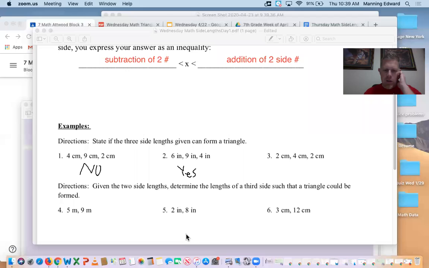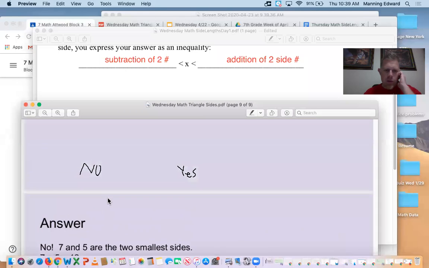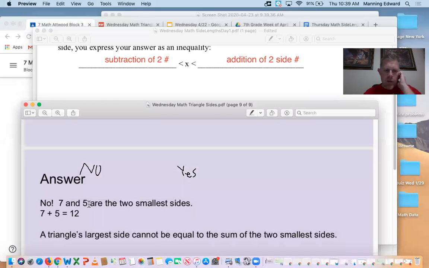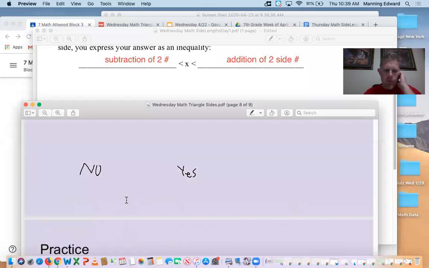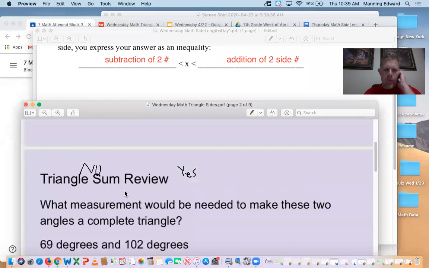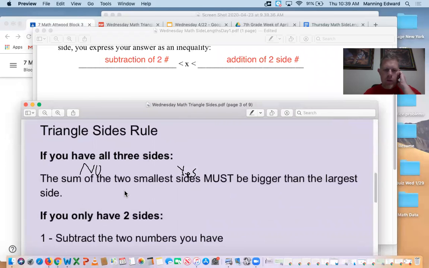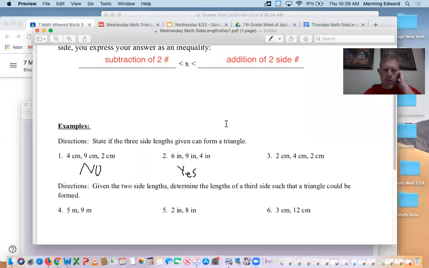Let me look back at the thing. So we had 7 plus 5, that is 12. The two smallest sides must be bigger than the largest.